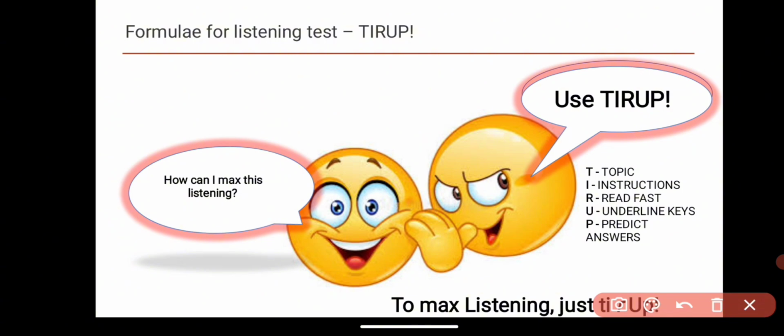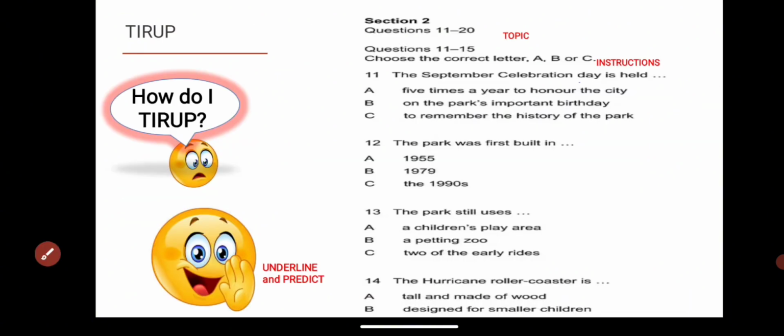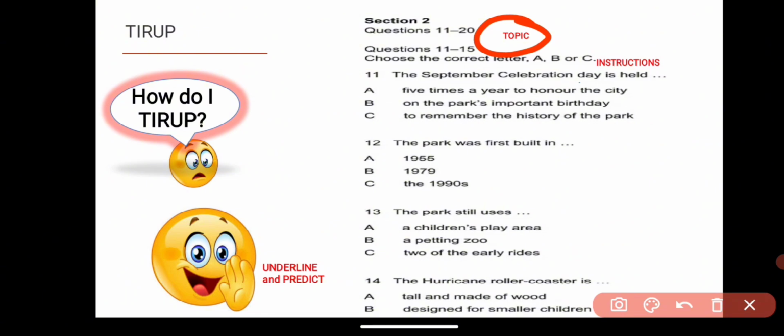I don't know why this particular exercise I'm using doesn't have one. The topic will be written here. Then the instruction: choose the correct letter A, B, C. You can easily get that.